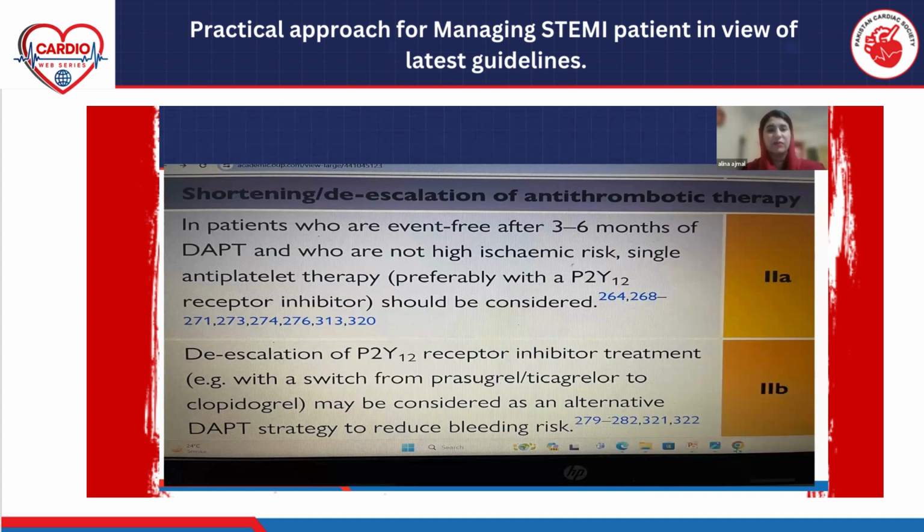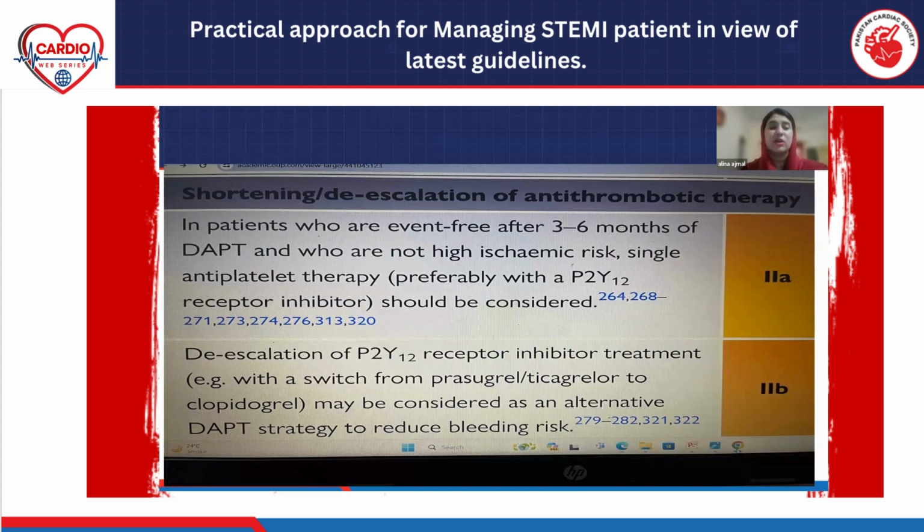In patients who are free of events for 3 to 6 months of DAPT and who are not at high ischemic risk, as our patient was, she was even free for the last 4 months, she was okay, she was doing her normal work, single antiplatelet therapy should be considered. Even if the patient presented to us after 4 months of DAPT therapy complaining of esophageal pain, can you go for single antiplatelet therapy?